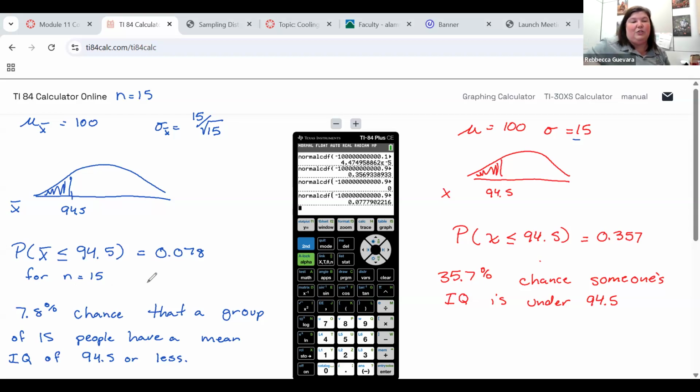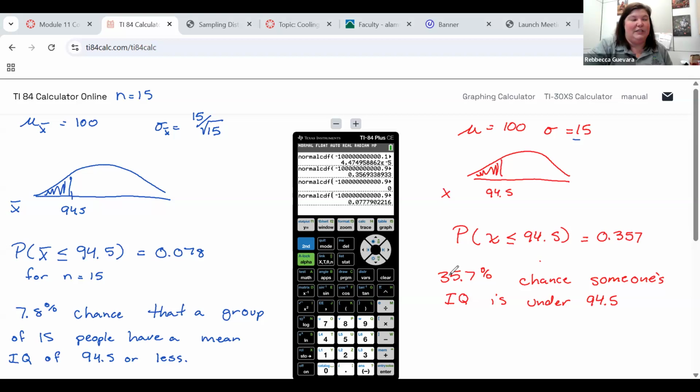Those 15 people should be averaging closer to 100 than 94.5. So it is not as likely that 15 people altogether have a mean IQ close to 94.5. That would mean that you have a lot of people in this range. So many people who each have a 1/3 probability of happening are happening, is really what we're saying. There are too many people with this lower IQ than I would normally expect in this sample. So it's not as likely to happen.